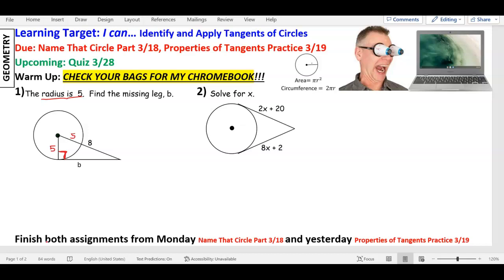Now here's what we did yesterday on the notes. We take this right triangle, and I like to redraw it and relabel it. So what is the vertical leg right here on the triangle? 5, right? This little piece right here is 5.